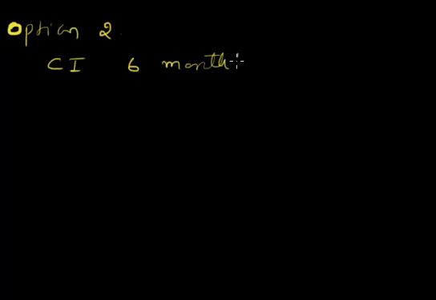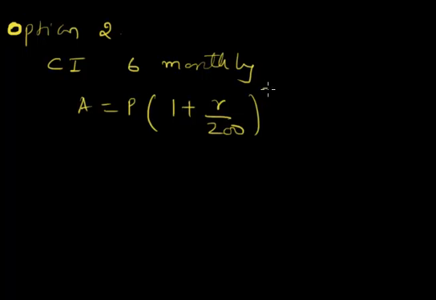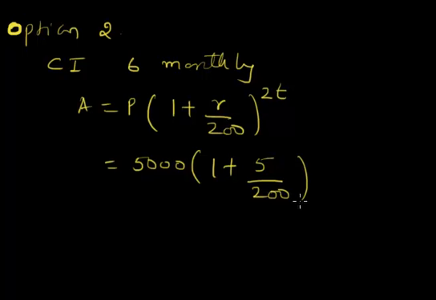Now if I look at option 2, because the compound interest is calculated 6 monthly, the formula for amount gets converted to P times 1 plus R over 200 raised to 2T. Principal is given as 5,000. 1 plus 5 over 200, raised to 2 times 3, for a period of 3 years.